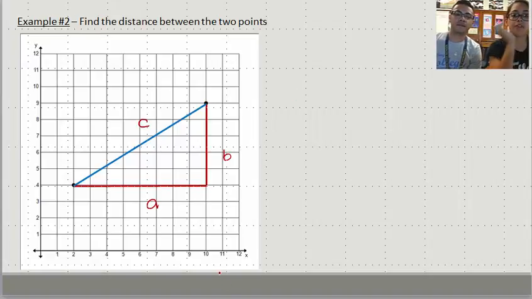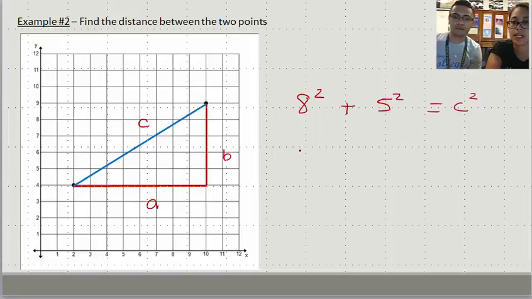So since we have it graphed, we could count the units, and that's 1, 2, 3, 4, 5, 6, 7, 8. 8 squared plus, let's see what B is. So it's 1, 2, 3, 4, 5. Plus 5 squared equals C squared.